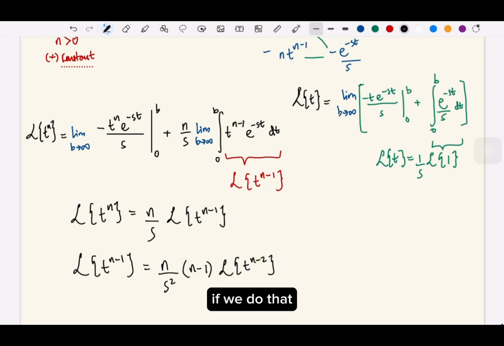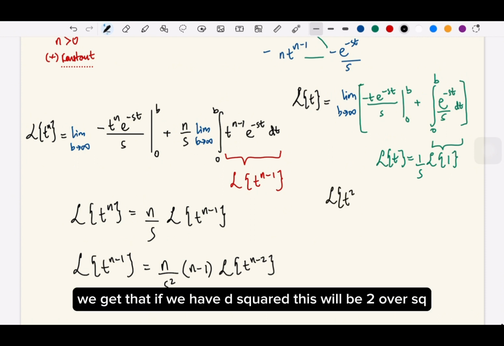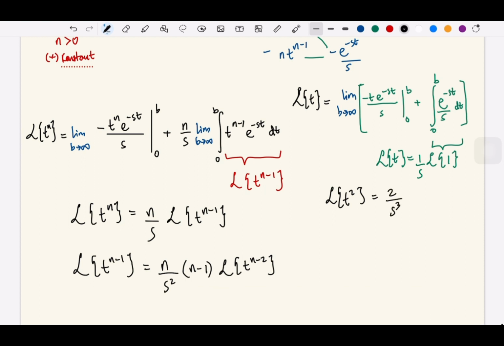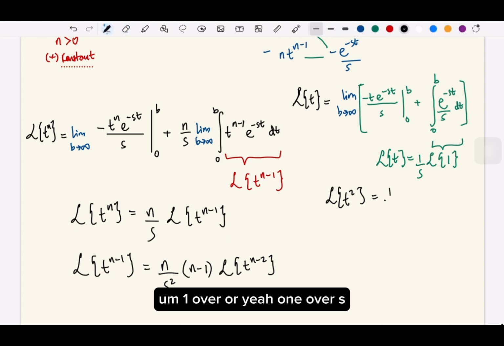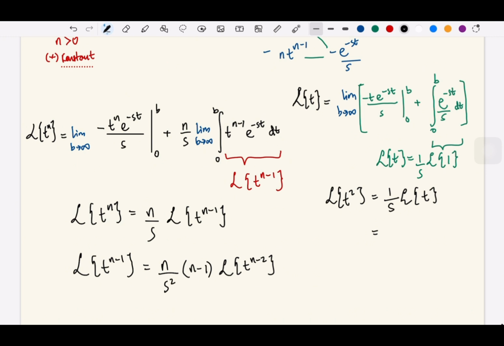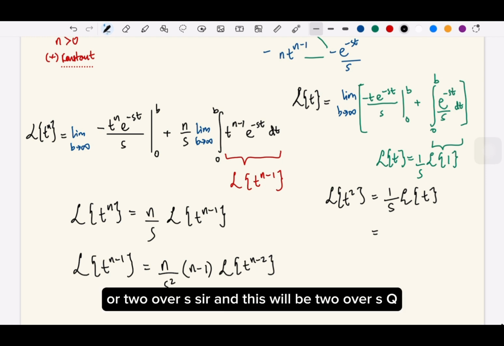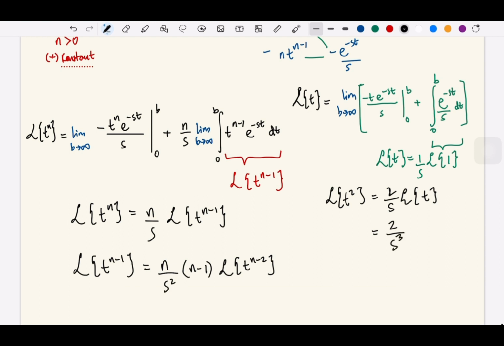If we do the integration by parts with the same structure, we get that if we have t squared, this will be 2 over s cubed, or this will be 1 over s and then Laplace of t, or 2 over s, sorry, and this will be 2 over s cubed, and so on and so forth.